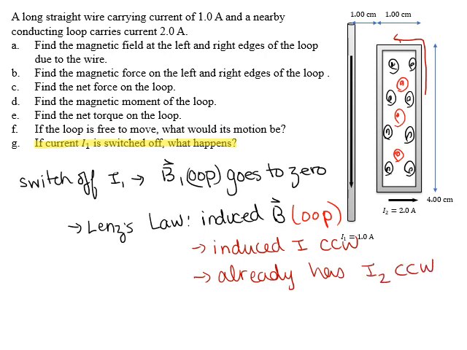So the induced current is going to be in the same direction as I2. So that tells us that the net current in the loop will increase. Okay, that's kind of a neat result. If we turn off current I1, we'll see current I2 jump up.